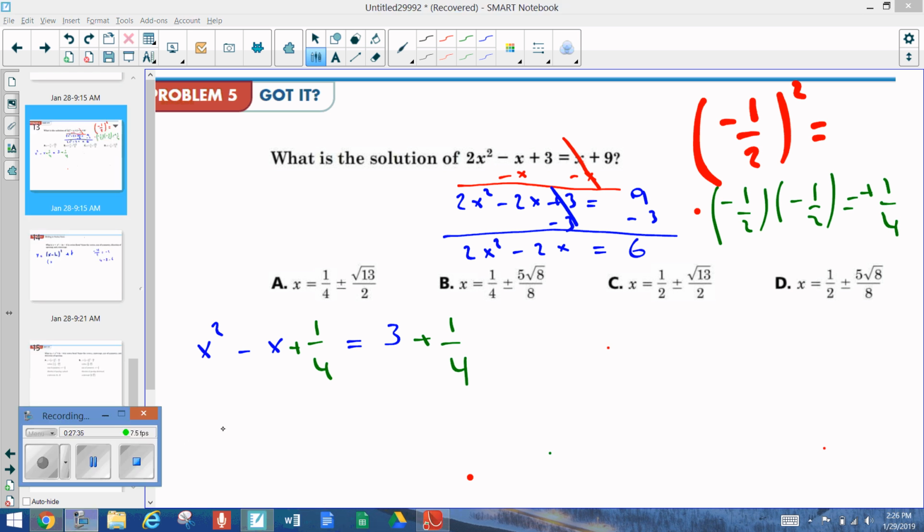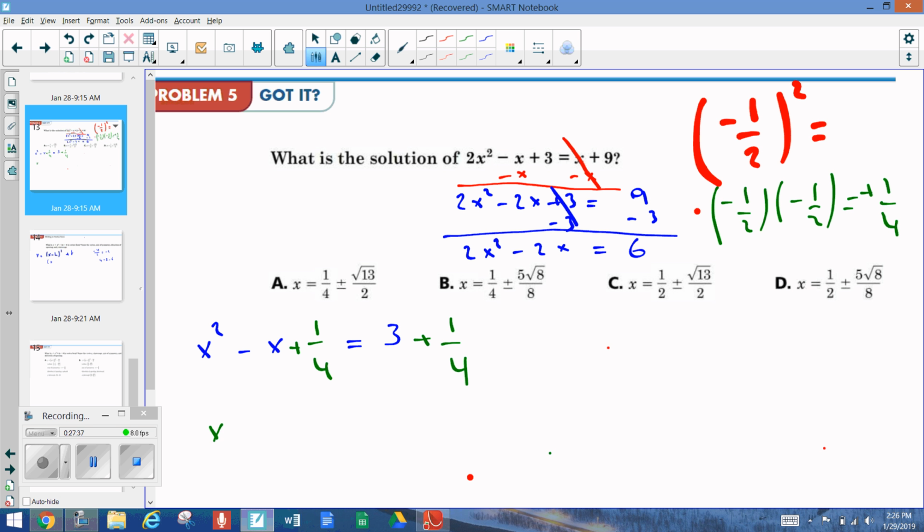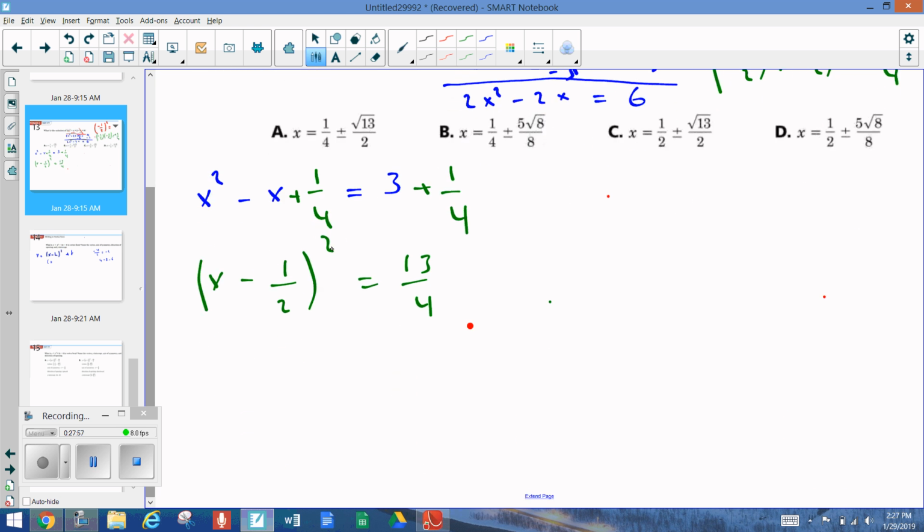So then do the same thing. 1 over 2 squared is equal to, remember the shortcut, 4 times 3, good job, 4 times 3, 12, plus 1 is equal to 13 over 4. Then, as you see here, square over here, you need to get rid of that by taking the square root of both hand side.